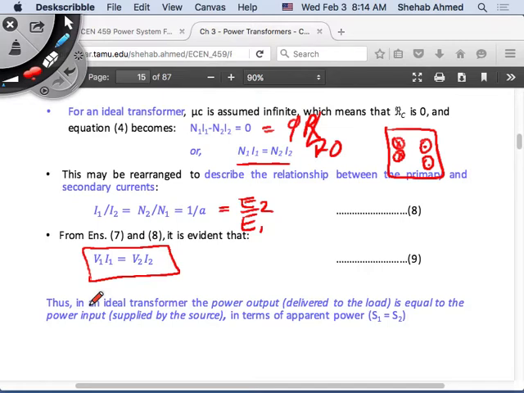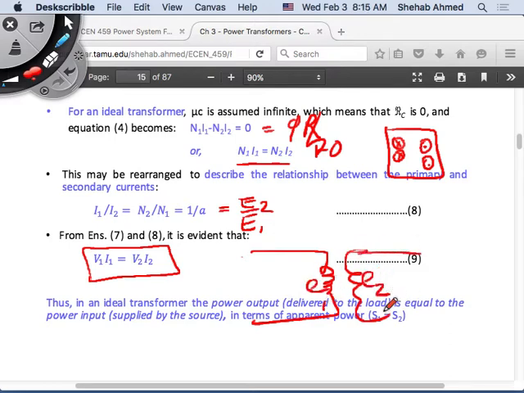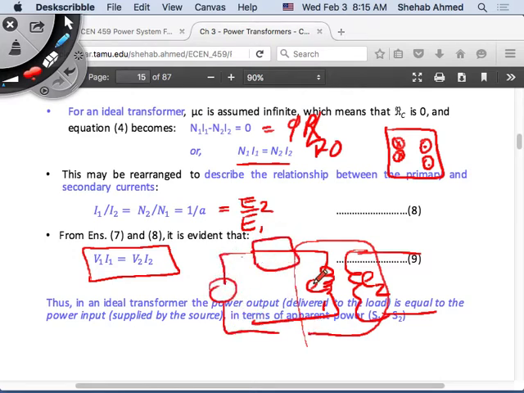Sir, these relationships only hold for an ideal transformer. Yes. Now the voltage generated at the winding, E1 and E2. No, this is true for any transformer. What we will add now is the impedances in the path, so that will change things.